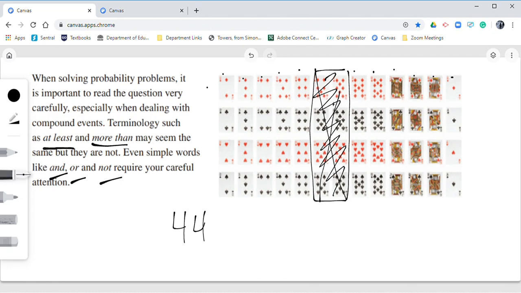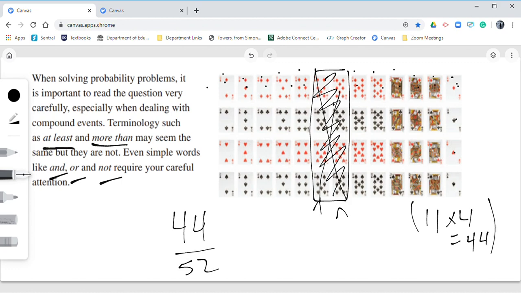The other way you could have done this easily is to go 1, 2, 3, 4, 5, 6, 7, 8, 9, 10, 11 groups of 4. And so you know that 11 times 4 equals 44. Another way to get to the same answer. So 44 of the 52 cards would be neither a 7 nor an 8.